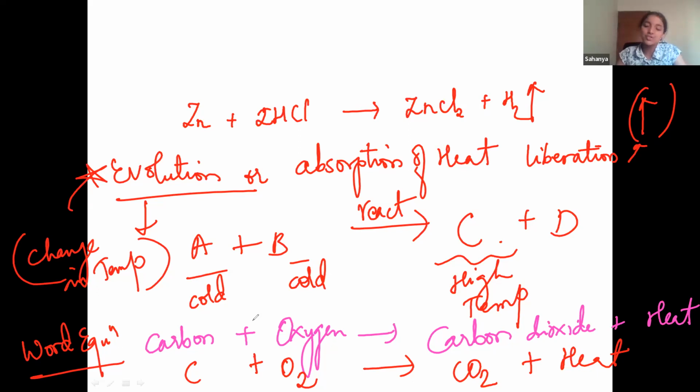Even in the RHS, carbon is 1 and oxygen is 2. Yes, so it is a balanced reaction. Whenever there is a change in temperature, this also indicates that it is undergoing a chemical change.